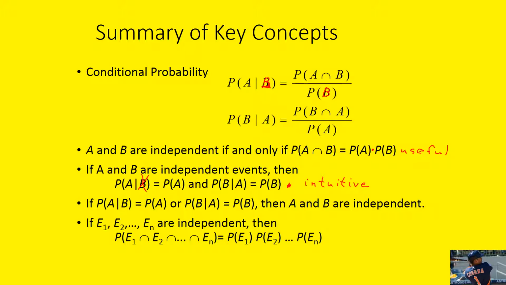And then if you have a bunch of independent events, the probability that they all happen, event 1 and event 2 and event 3, all the way to event n, if they're independent, then the probability that they all occur is the product of the simple probabilities.